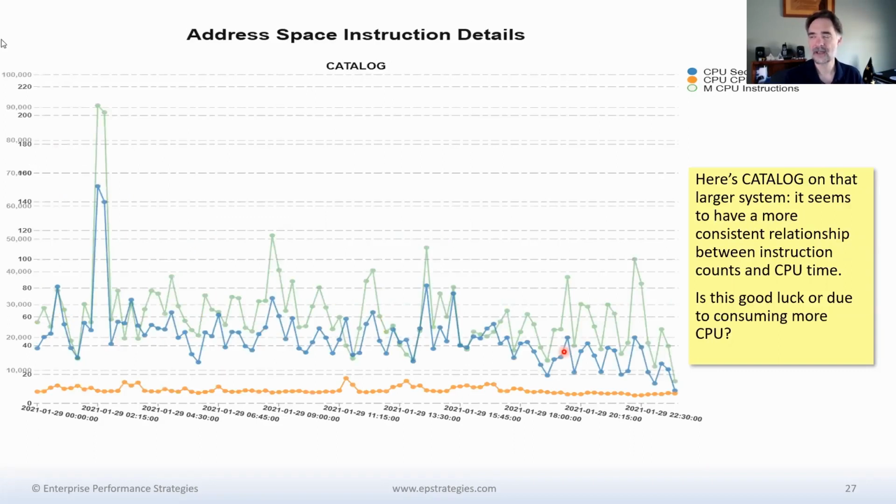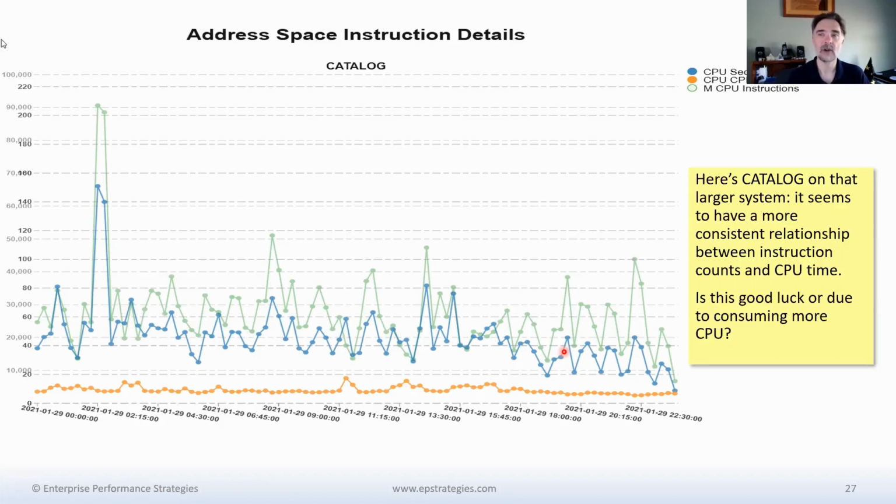So here is another example. This one was catalog, again a slightly larger address space. And again, here we see better correlation. Not necessarily perfect correlation, but there's better correlation going on here. Now, in part, this may also be due to consuming more CPU.